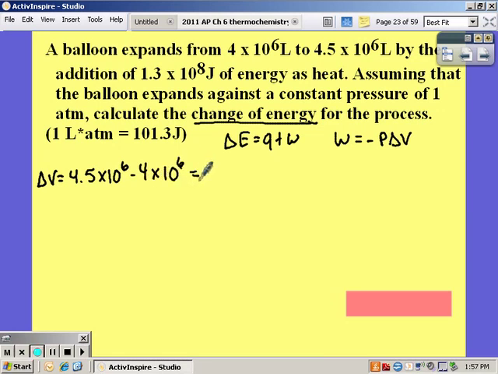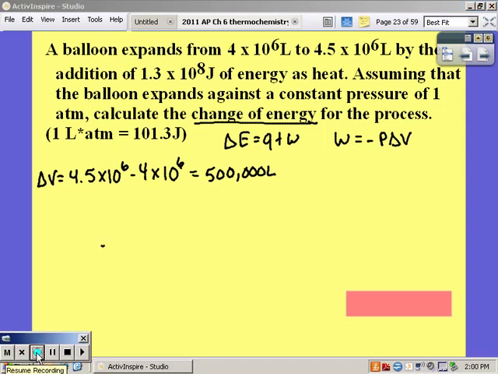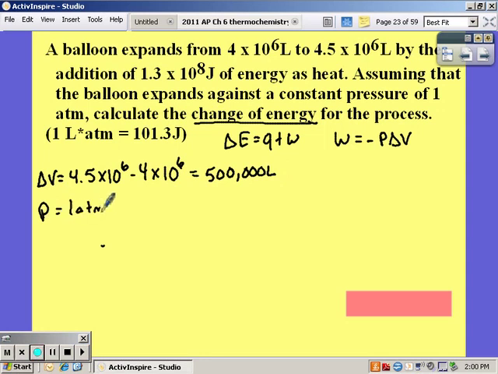So my change in volume is 500,000 liters. Pressure was 1 atm. So solving for work, you get negative 500,000 liters times atmospheres.